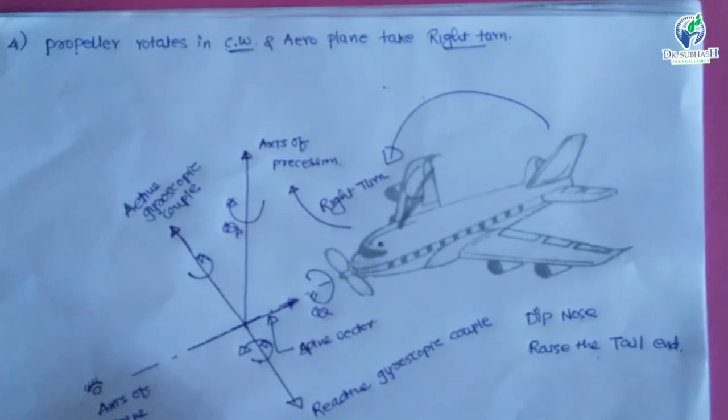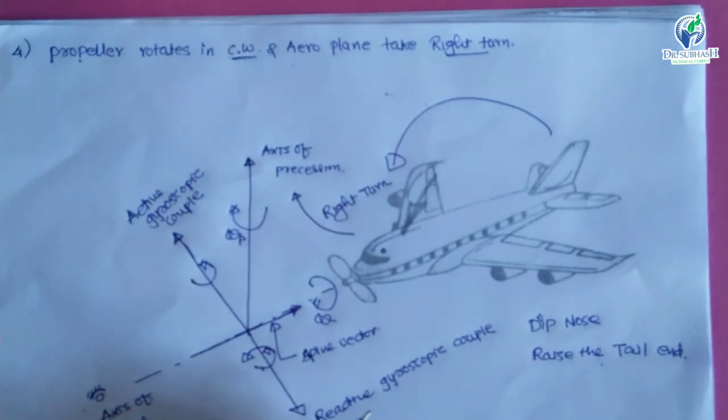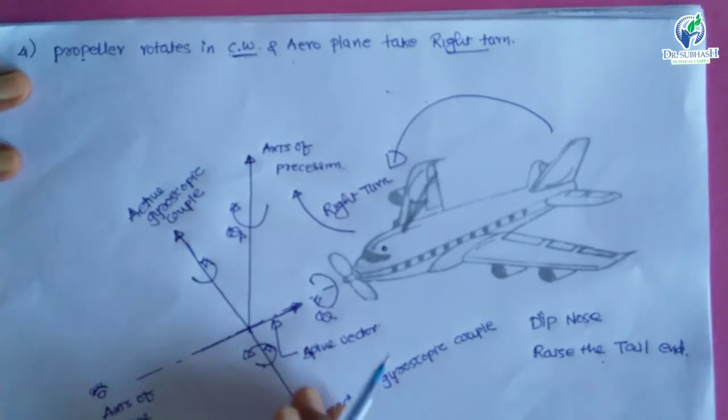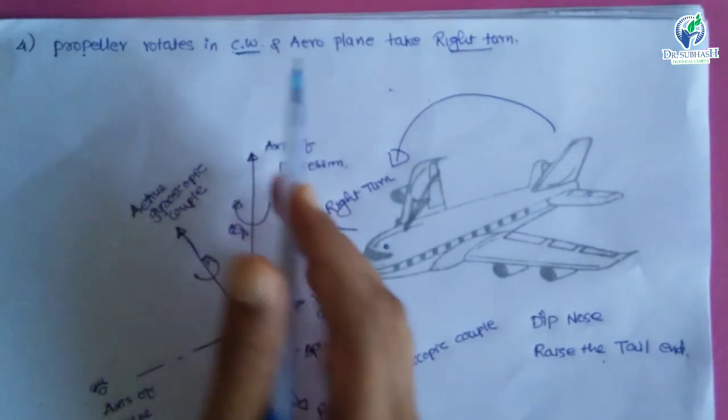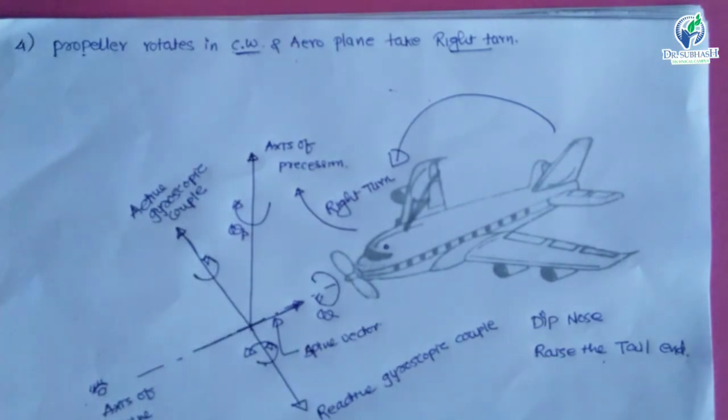So in this lecture we have considered 4 cases. First case, propeller rotates in anti-clockwise direction and aeroplane takes a right turn.